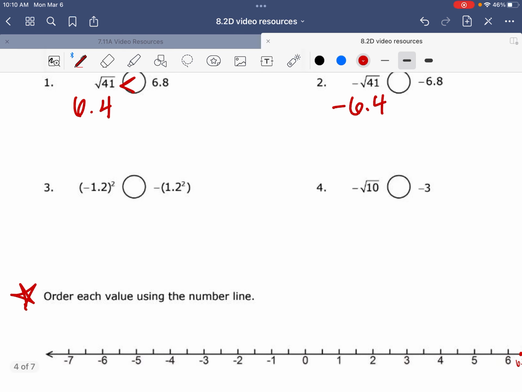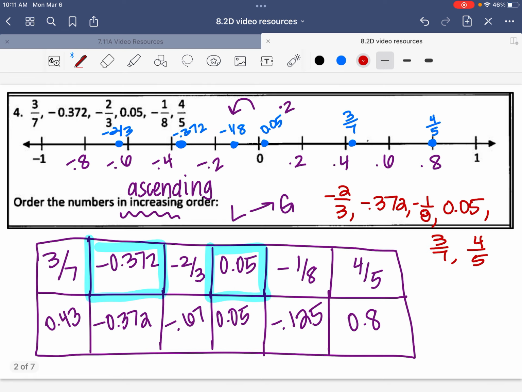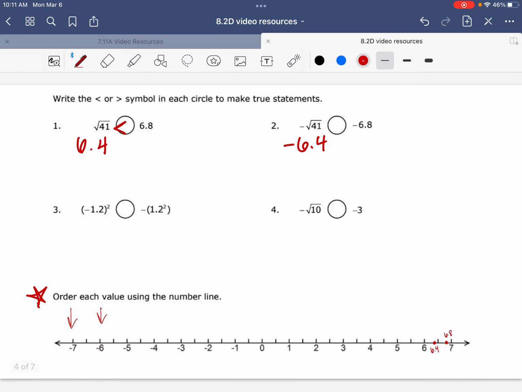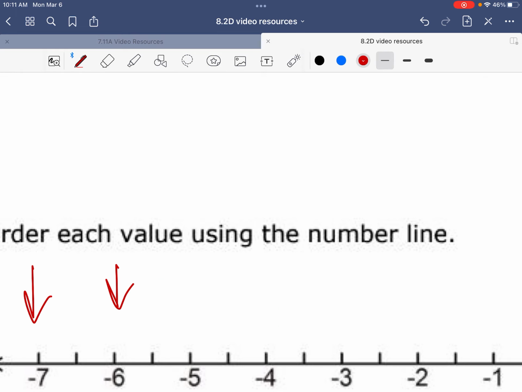But if we go and graph them on the number line, we have negative 6.4 and negative 6.8. So right here is negative 6, and then right here is negative 7. Negative 6.4 is going to go right before negative 6.5, and negative 6.8 will be closer to negative 7.